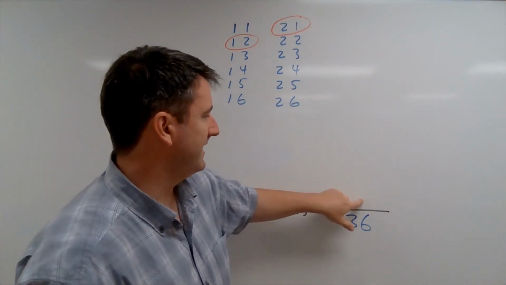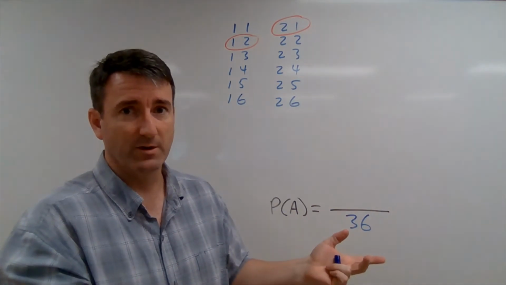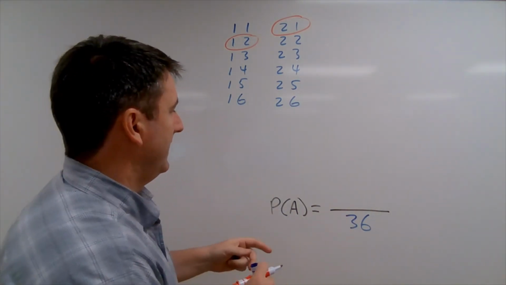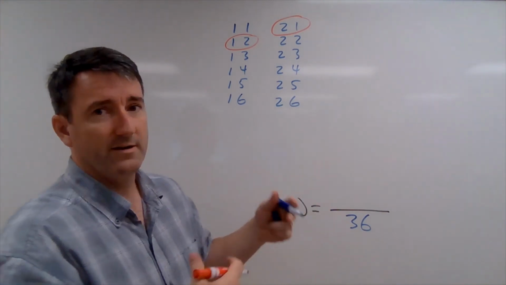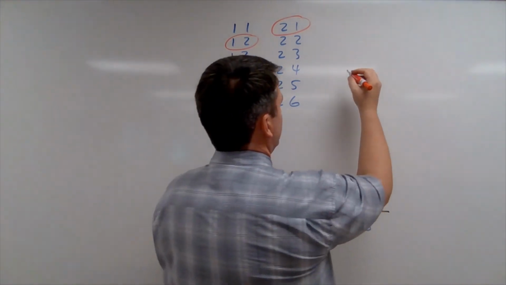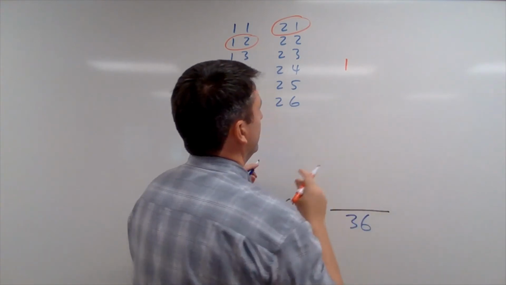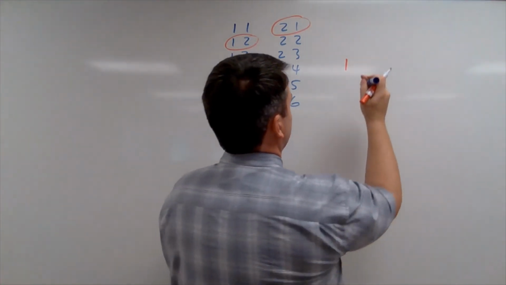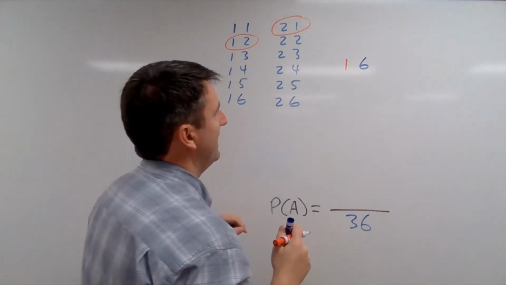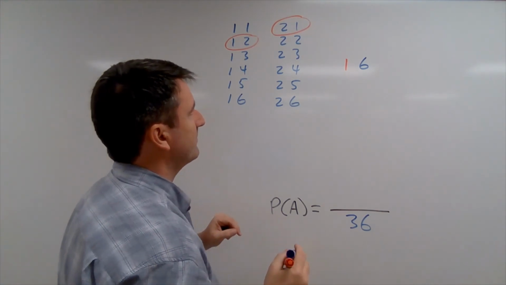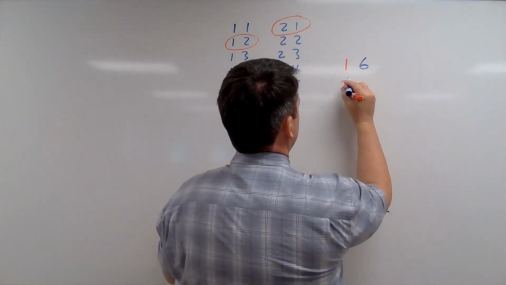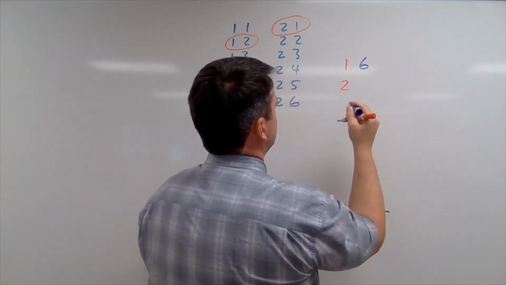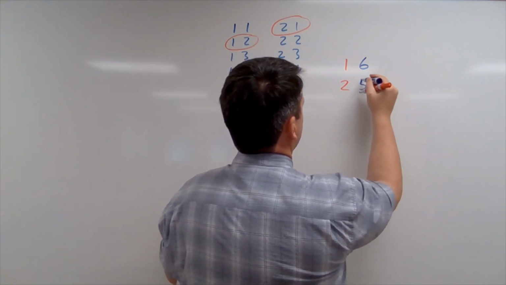All right, so let me write out the outcomes that give us the event we're looking for, rolling a 7, in different colors, so that we can make clear that these are all different events. If the red die is a 1, then the blue die has to be a 6 in order to add up to 7. If the red die is a 2, then the blue die has to be a 5.